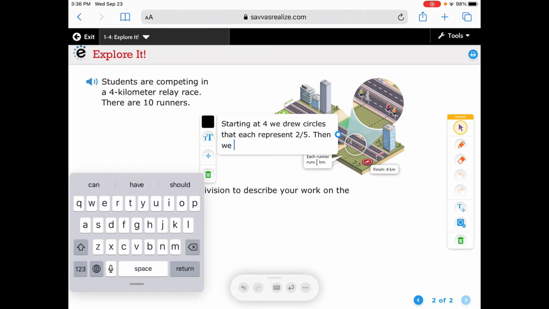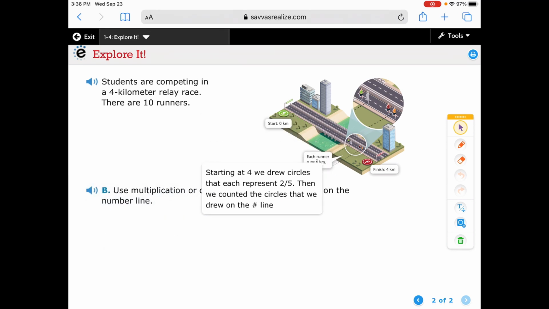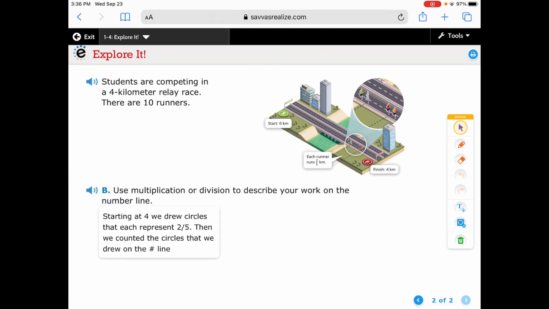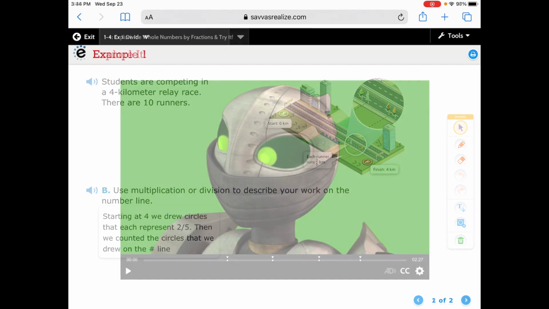Then we counted the circles that we drew in the number line. All right, so what you're going to do from there, this should go in for part B, so make sure that you take a minute and write that in. All right, this is all going on page 30.